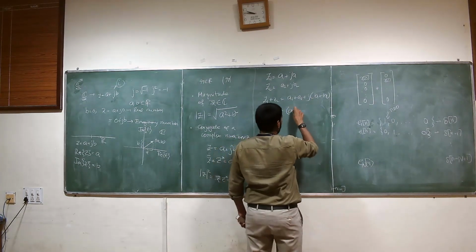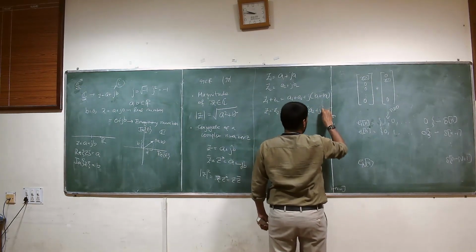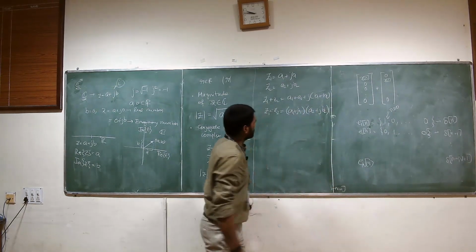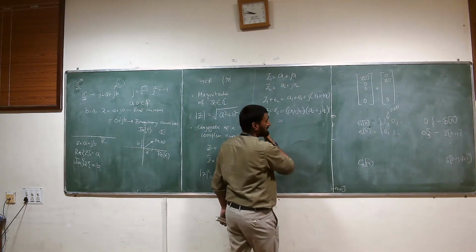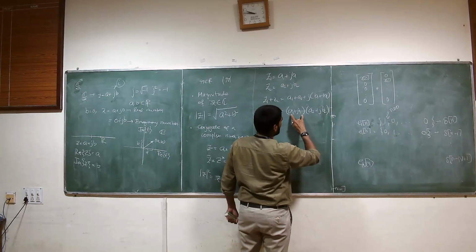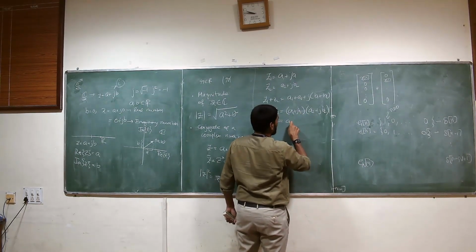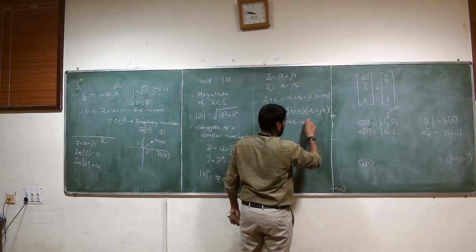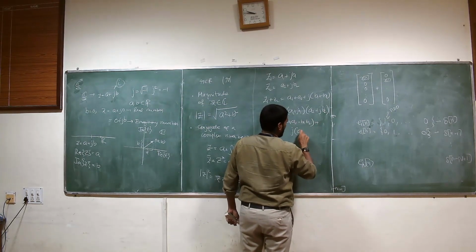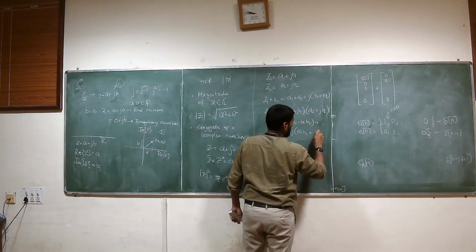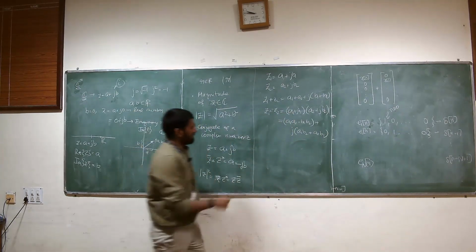Well, it's simply a1 plus jb1 times a2 plus jb2. If you multiply this out, multiplying each element by the first one and the second one, and simplify, you get a1 a2 minus b1 b2 plus j times a1 b2 plus a2 b1.